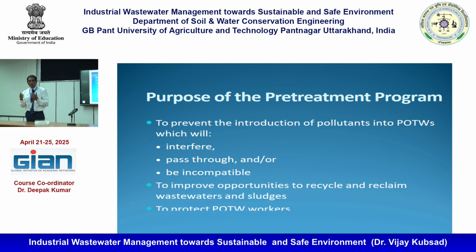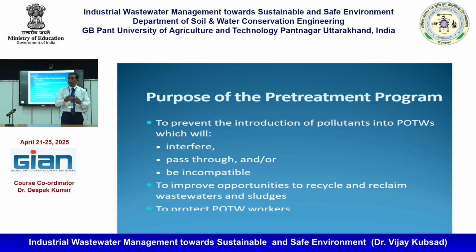Not measuring doesn't mean that there is no pollution. If you want to see whether there is any pass through, certain contaminants like TDS, if you are not measuring them, will just pass through and end up in the river. So that is what it says: it should not pass through and be incompatible.